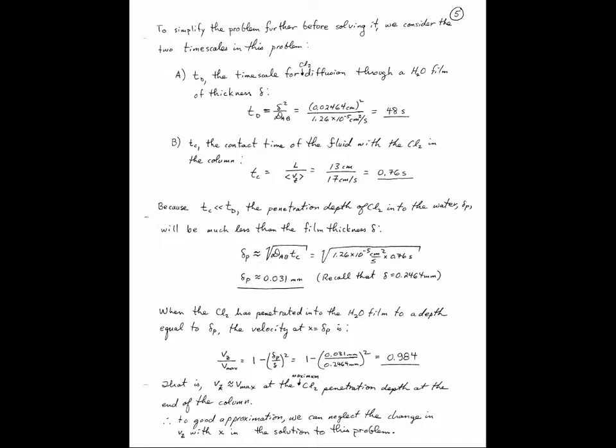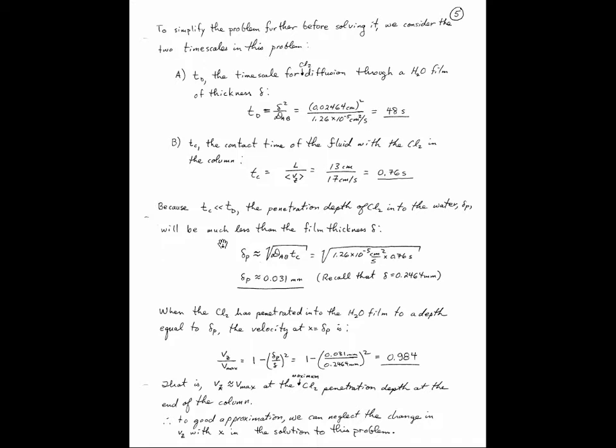What it means is that in the brief period of time that the liquid is flowing down the wall of the column, in the brief period of time that it's in contact with chlorine, you'll only get a small amount of chlorine penetration into that liquid film.